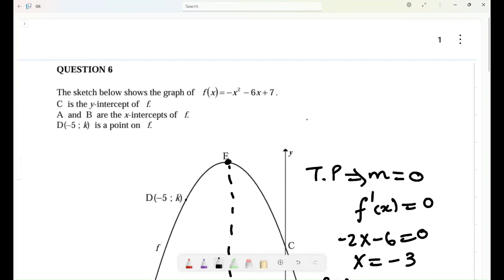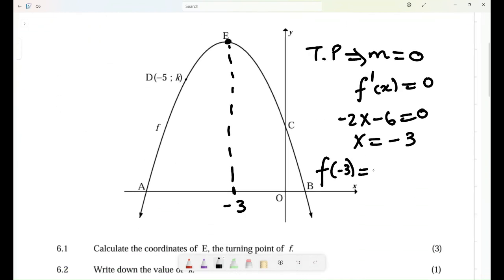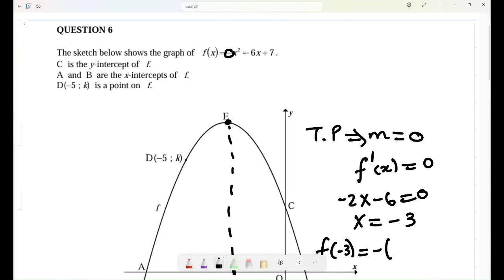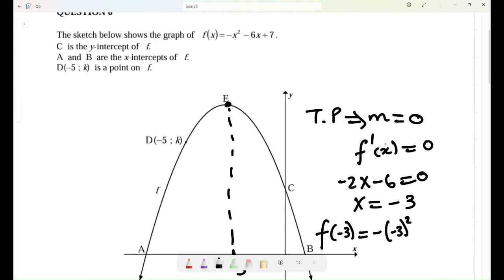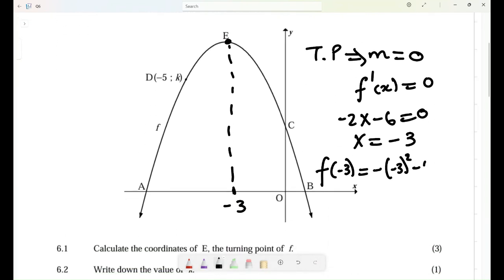When I substitute negative 3, I put it in brackets: negative, bracket negative 3, squared, minus 6 into negative 3 plus 7. The answer that I get here is 16.